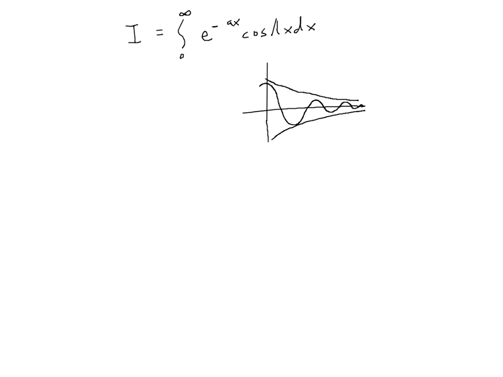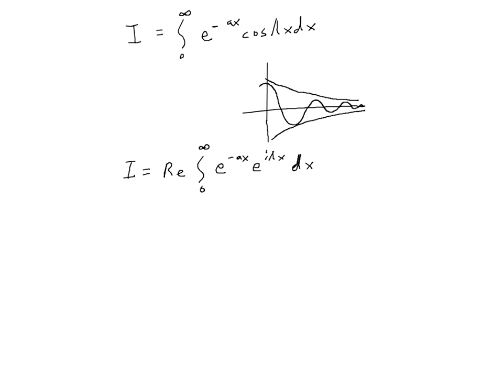So here, we want to integrate this thing. And the easiest way to integrate it is to use what we know about complex variables. So we can take this and turn it into the real part of the integral from 0 to infinity of e to the minus ax times e to the i lambda x dx.